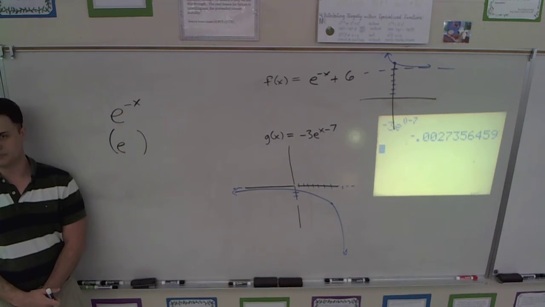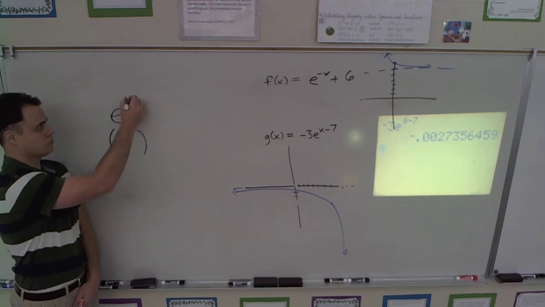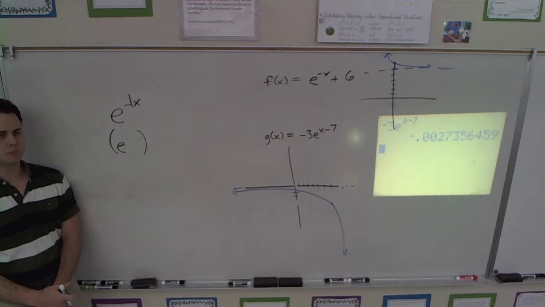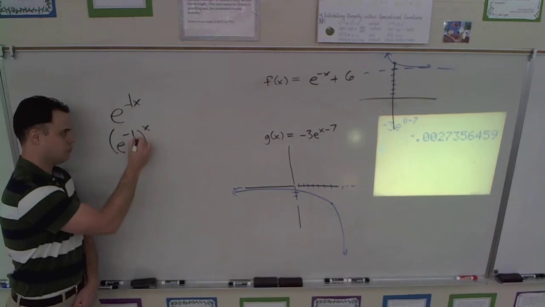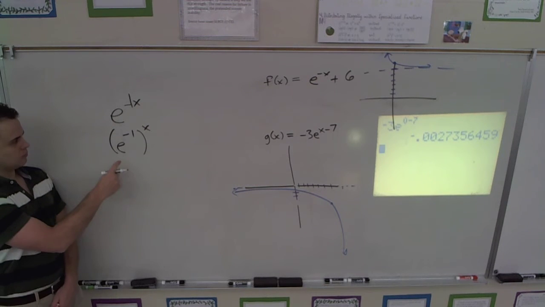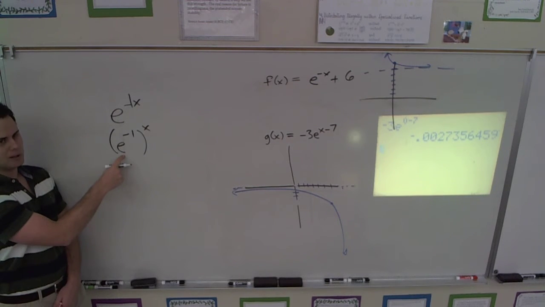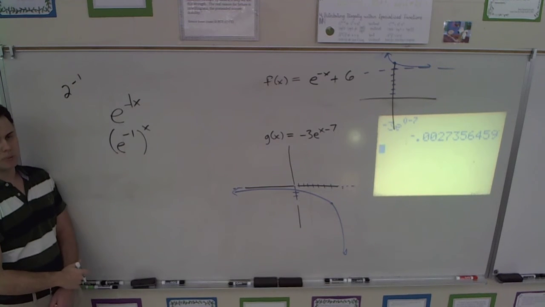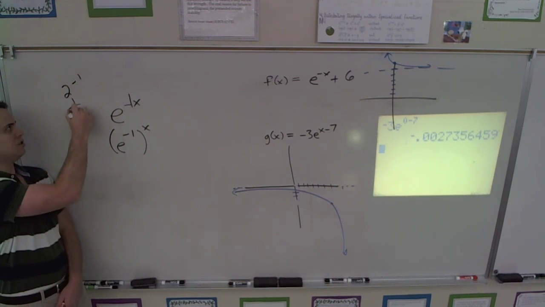There's a hint. There's another hint. There's the other way to think about it. What's e to the -1 really mean? What's 2 to the -1 really mean? That means 1/2.